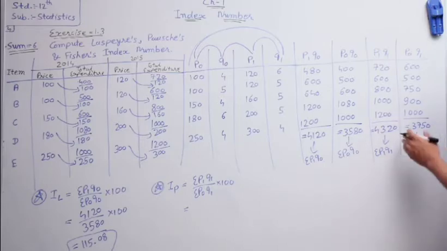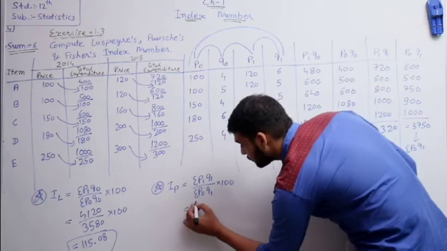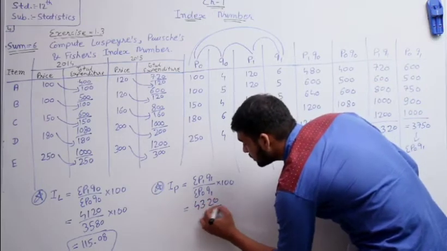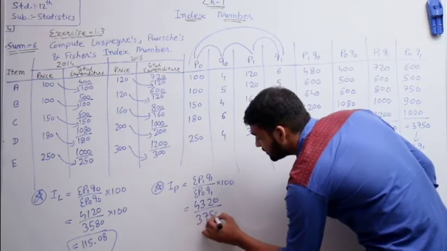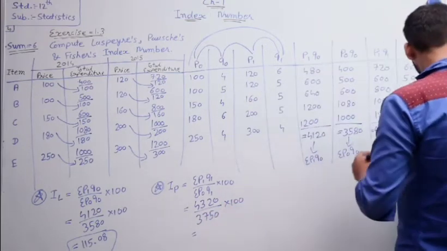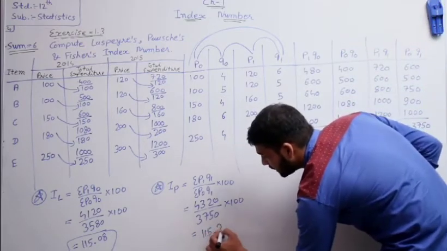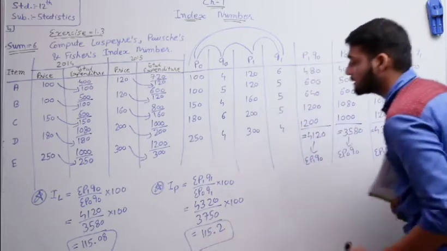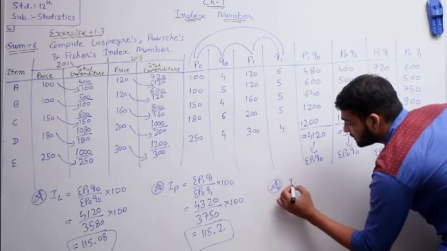Now these values are put in the formula. So 4320 upon 3750 multiplied by 100, so our answer is 115.2. Understood students? Now we find the ideal index number, that is Fisher's.